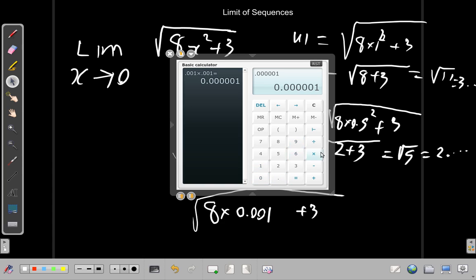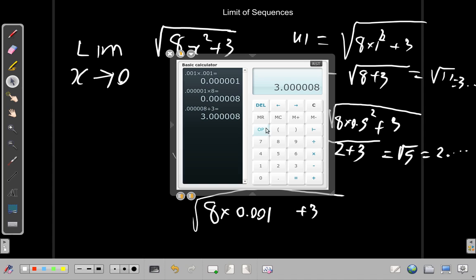Then 1 times 8 equals 0.00000 8, with 5 zeros then 8, plus 3 gives me that.